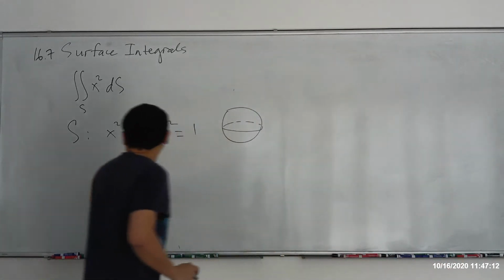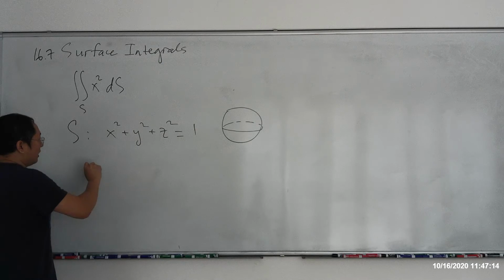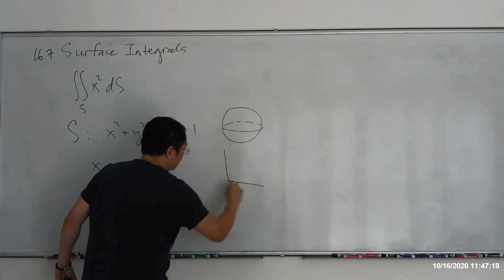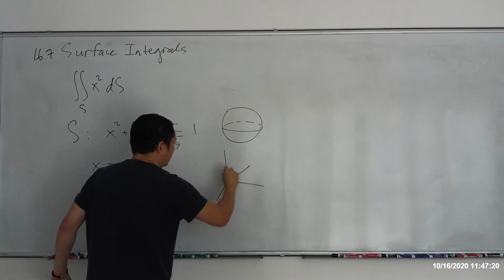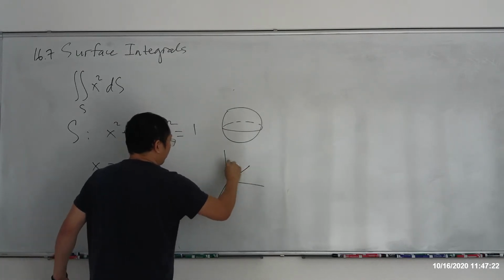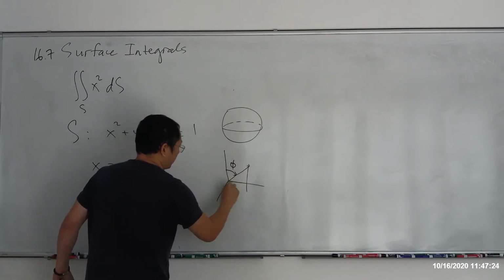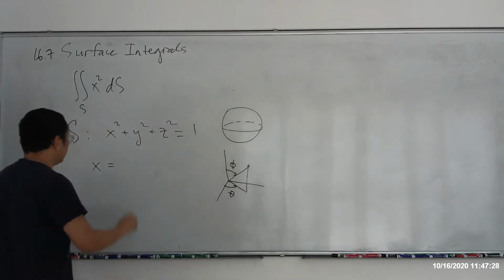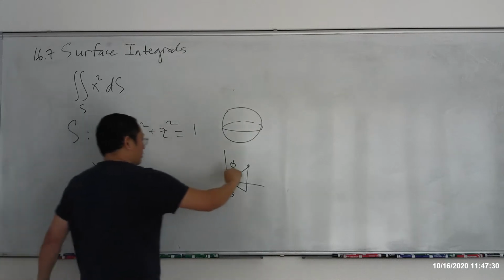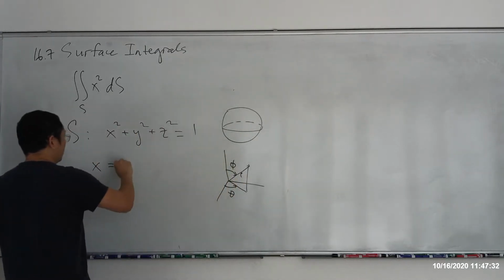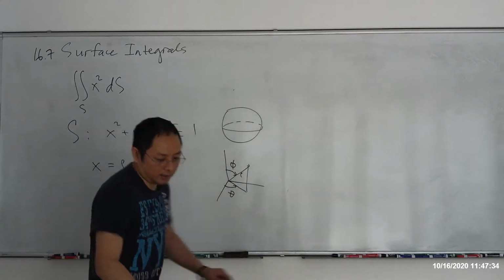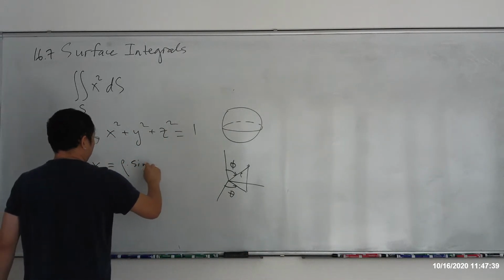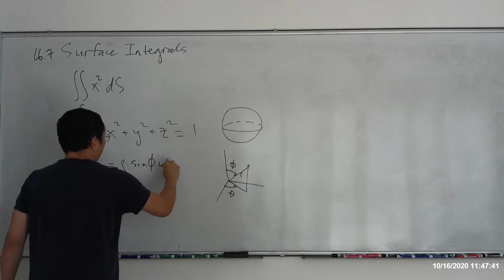And for spherical coordinates, I remember how we translate x into spherical. Let's see, we have a point right here. This angle is called phi. This angle from here to here is called theta. So x is the radius, called rho, times sine phi cosine theta.